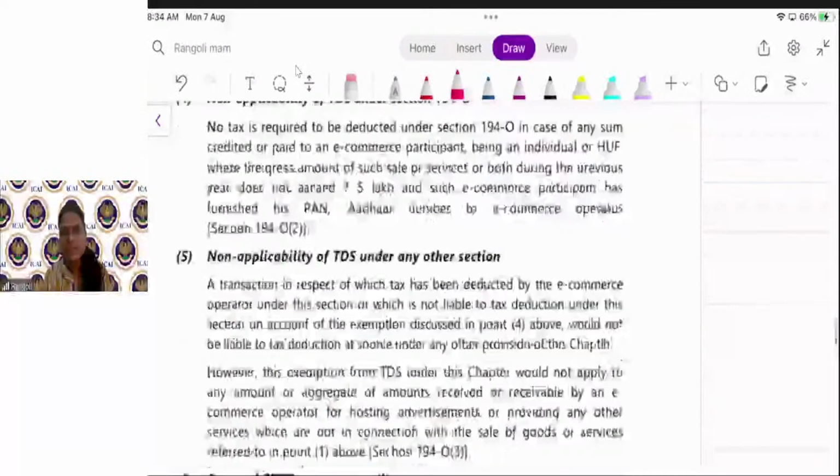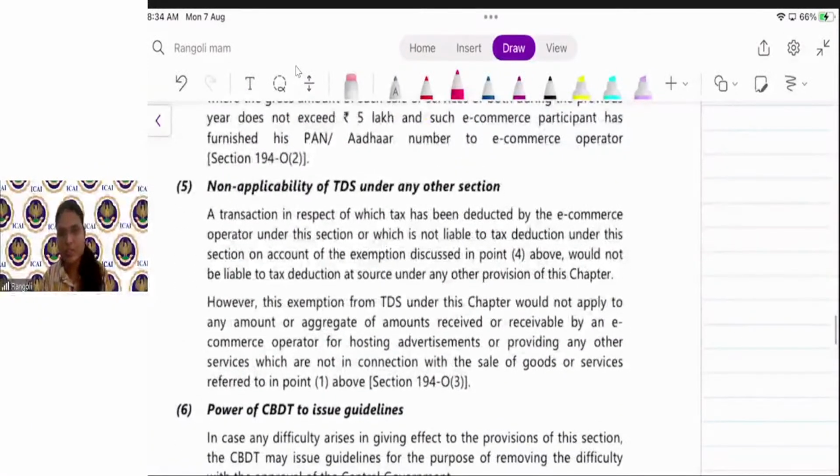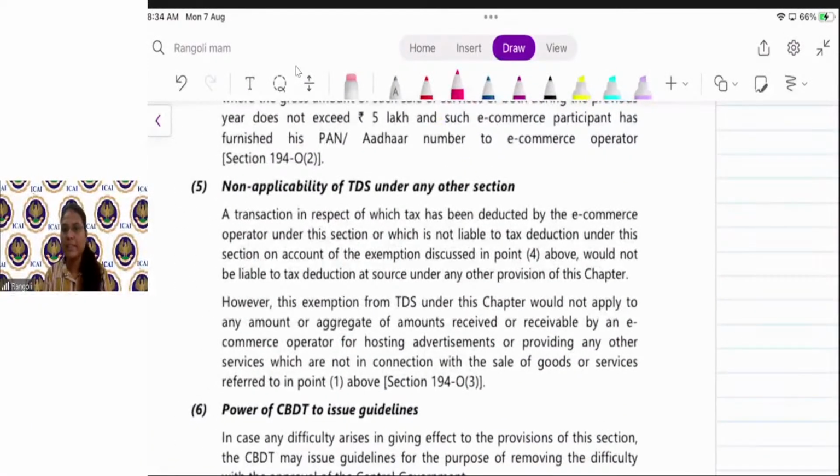Now, if TDS is required to be deducted under this section, then any other section of the TDS chapter is not applicable. So if the e-commerce operator is required to deduct TDS under section 194O, then on the same payment, the TDS is not required to be deducted under any other section of the TDS chapter.